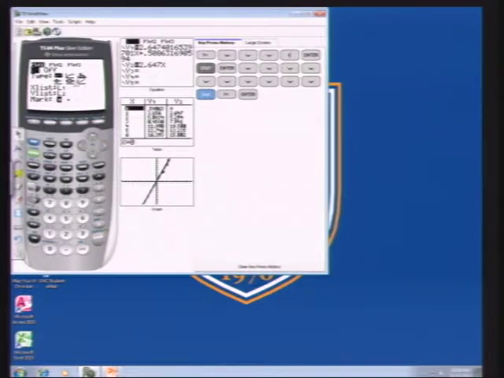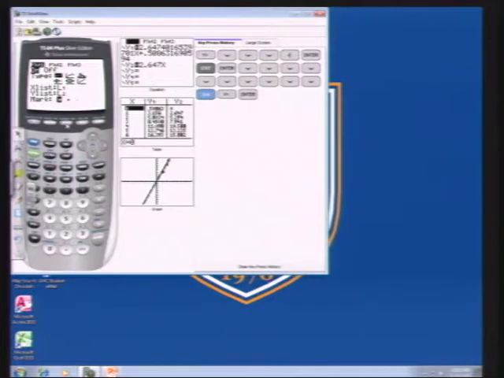We don't want box and whiskers. We just want the scatter plot that it's already on. Our X values are going to come from list 1. Those are our volumes, and our Y values come from list 2. That was our weight or our mass. I'll keep the square box for the mark on these points because that's just easier to see.